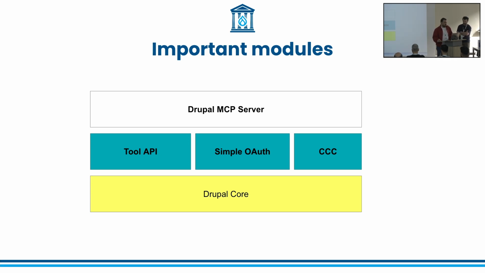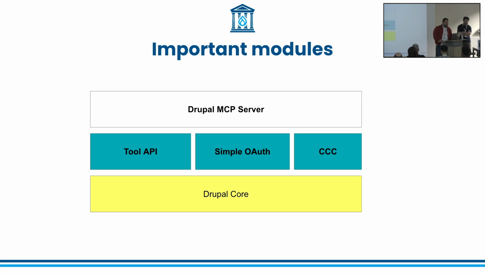And then with the Simple Auth module, we create the authentication for MCP, and this way we make sure it runs in a secure way. You can scope data and tooling with different permissions and roles, and truly take advantage of Drupal's permission system.